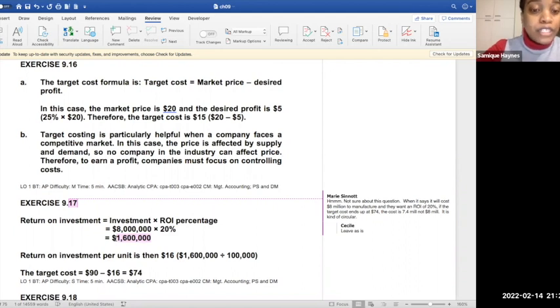But how much is that per unit? We divide that by the 100,000 that we can sell. So that's $16. Our desired profit per unit is $16. 90 minus 16 is equal to 74. Do we understand that part?